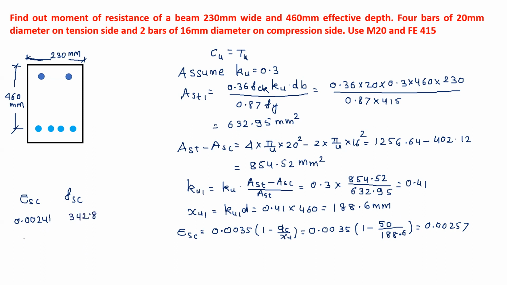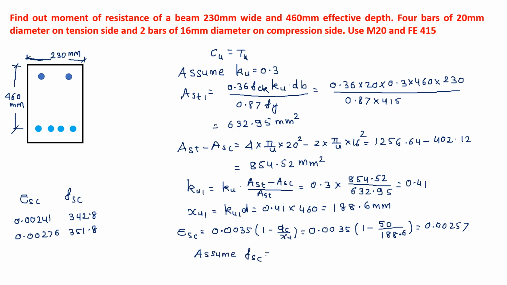Then we have 0.00276, against which we have 351.8. We require the value for 0.00257. So we can tentatively consider, instead of interpolation, a value near about the center between 257 and 276.